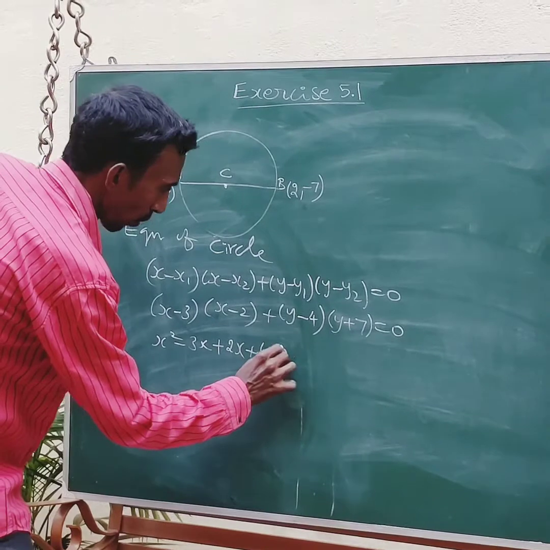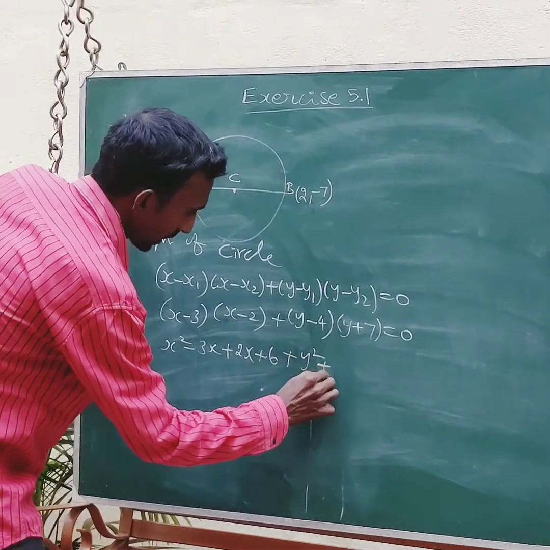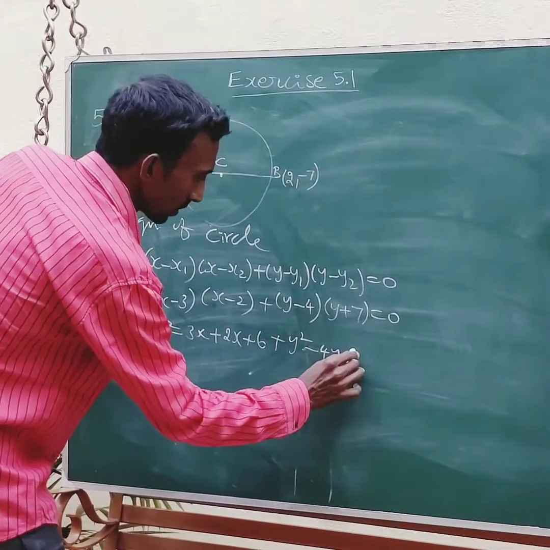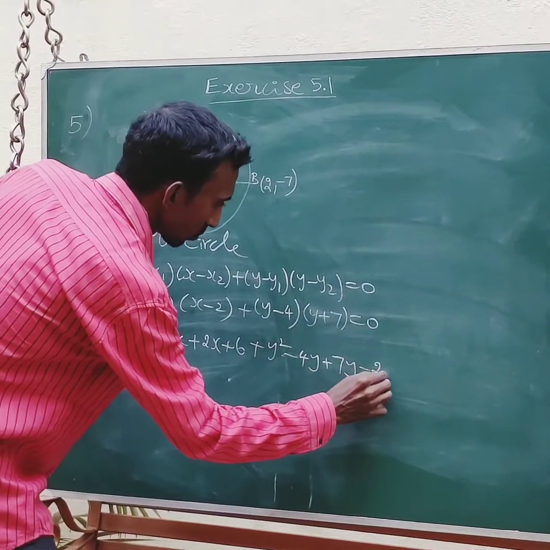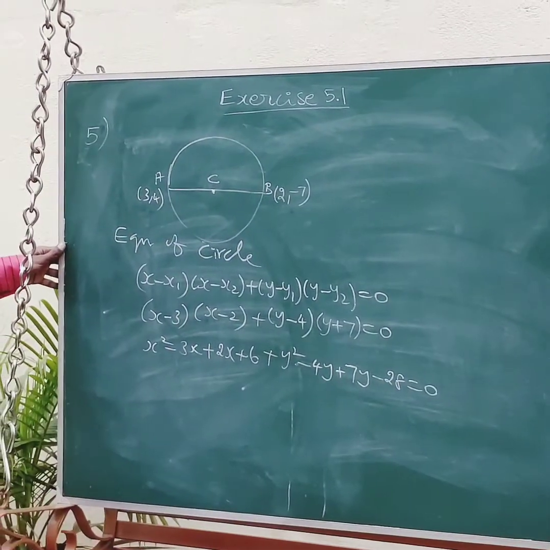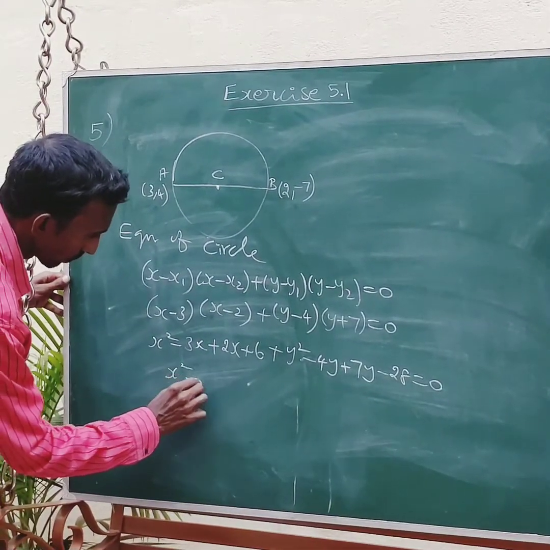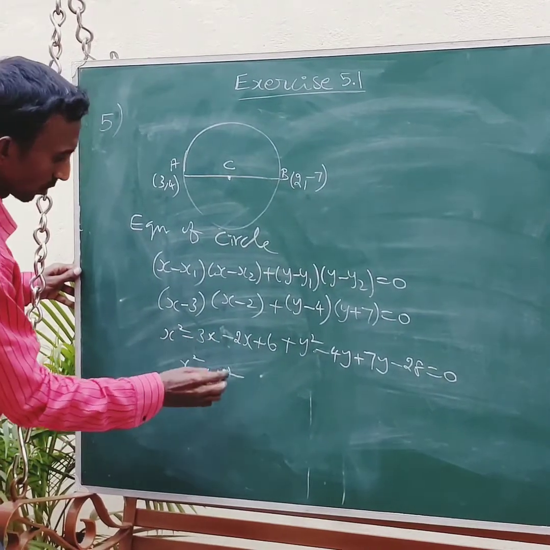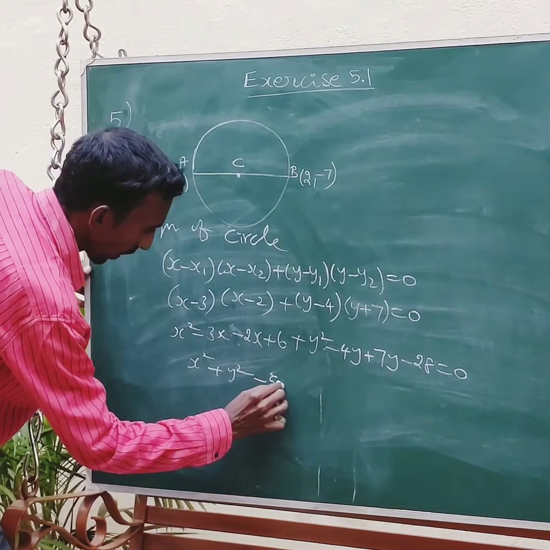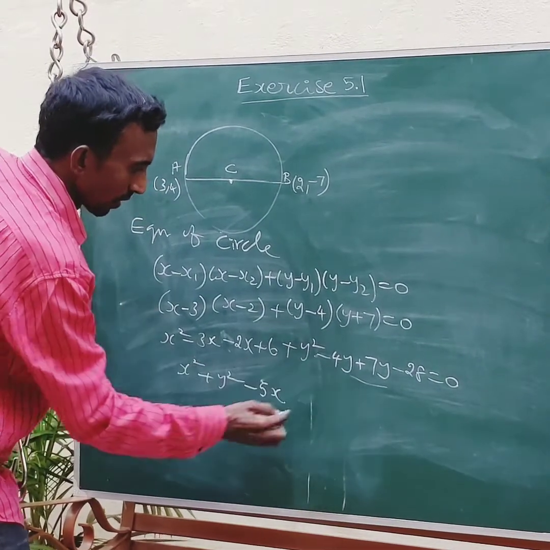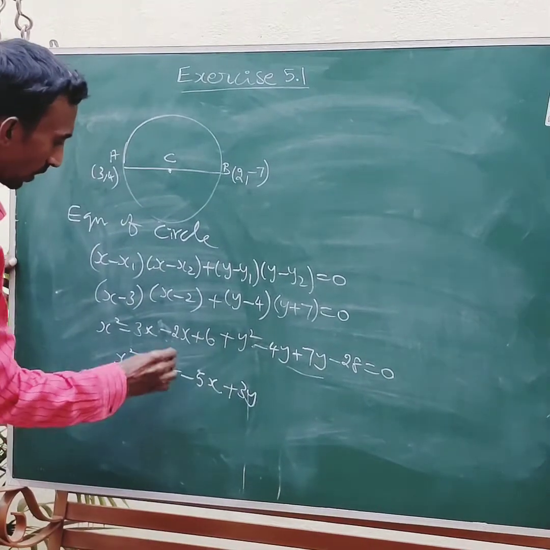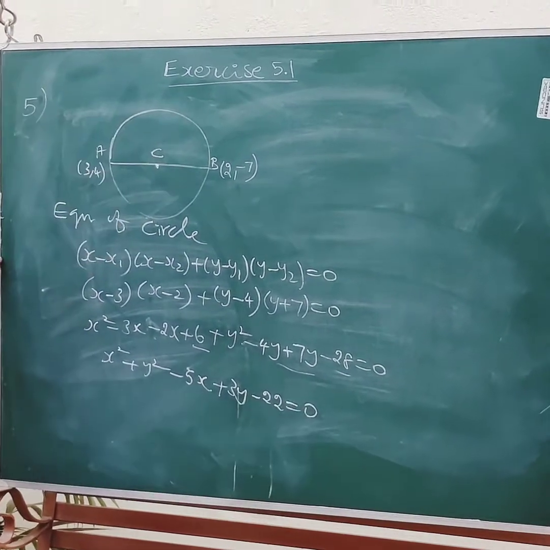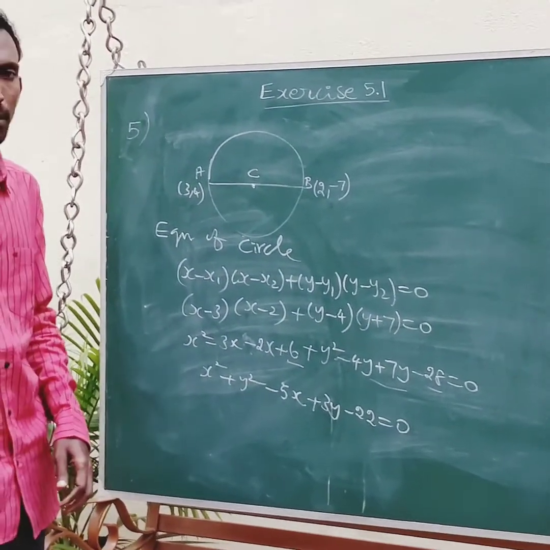Similarly here, y square minus 4y plus 7y minus 28 equals 0. So first x square plus y square, here minus 5x and here plus 3y, and combine these two: minus 22 equals 0. This is the answer for question number 5.